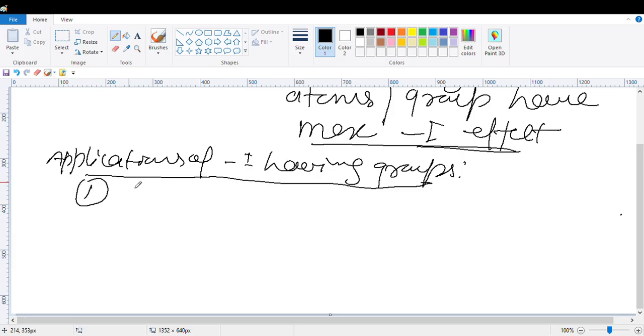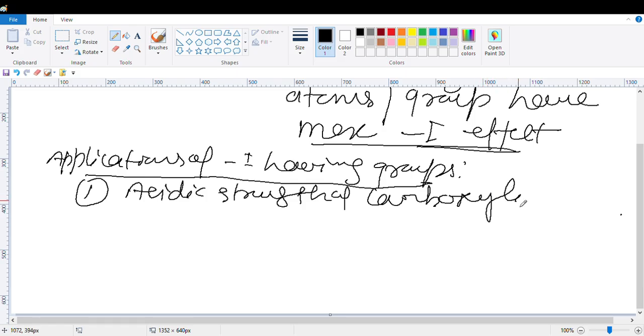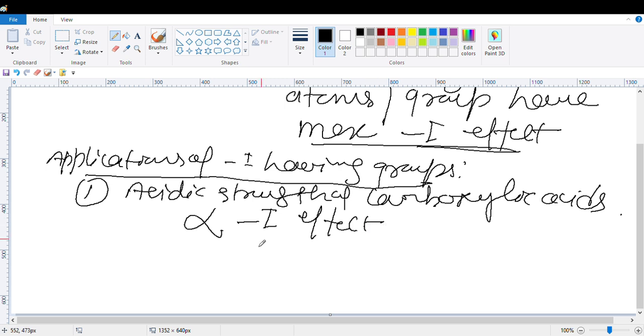First one, the acidic strength of carboxylic acids is directly proportional to the minus I effect. For example, we are taking carboxylic acid halogen derivatives.